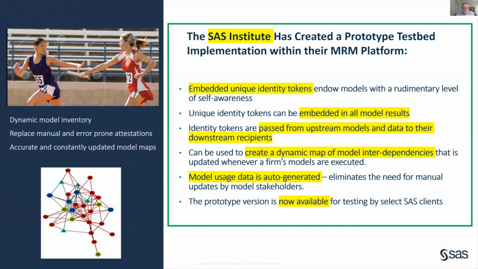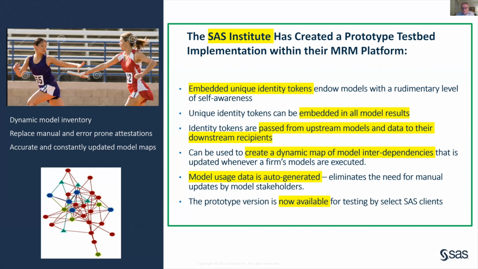He uses this token, this baton passing analogy to explain what we mean by token passing. And SAS Institute has created a prototype test platform within their test bed within their MRM platform using embedded identity tokens that are embedded in all model results. Identity tokens are then passed from upstream models and their data to downstream recipients.